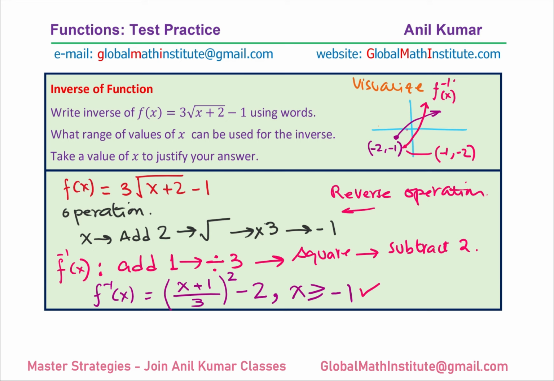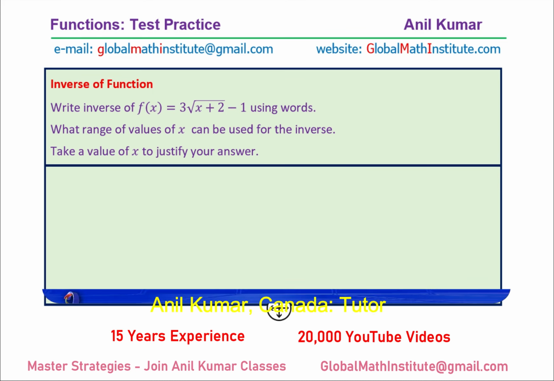Perfect. Now let's answer question number 2, which is what range of the values of x can be used for the inverse? So the range of the values are greater than -2, right? So this point here. So part B, let's do it on a fresh page.